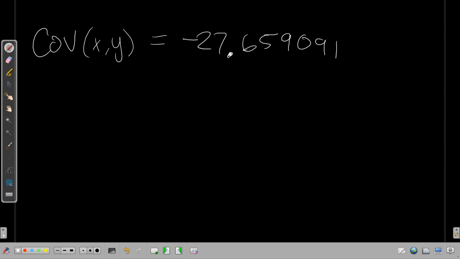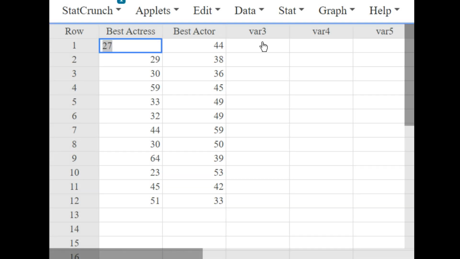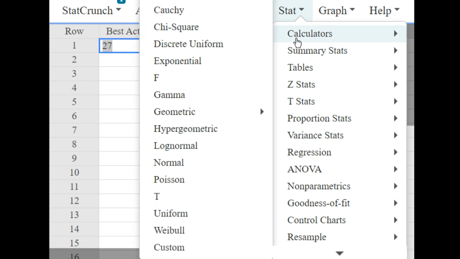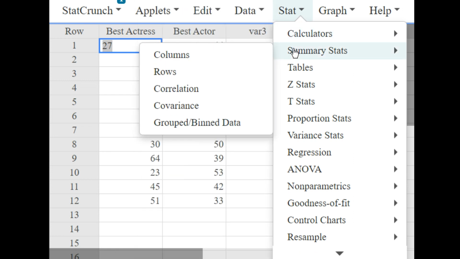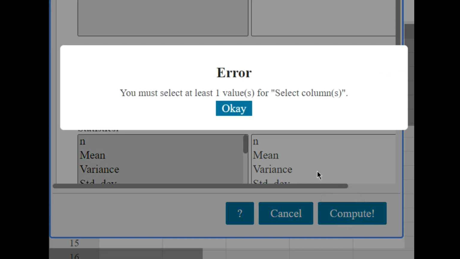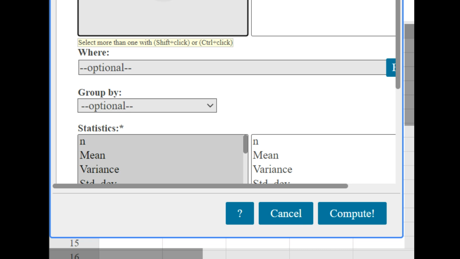And I'm also going to want my sample standard deviation of each of those columns. So I'll just select them both.